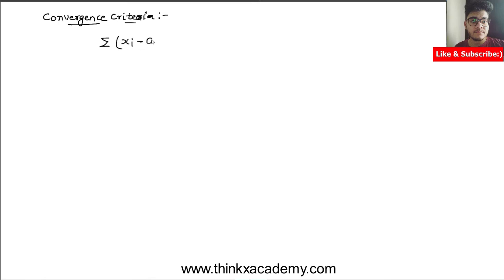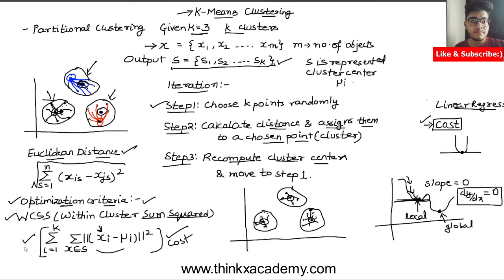So instead of mu i I am going to write a, and here I will write the square. So a is also the cluster center. I've just used some other representation, so let's not create some confusion here. Let's say it is mu i square only. Alright, so here you can see that this was our optimization criteria, which was the sum squared distance, right?